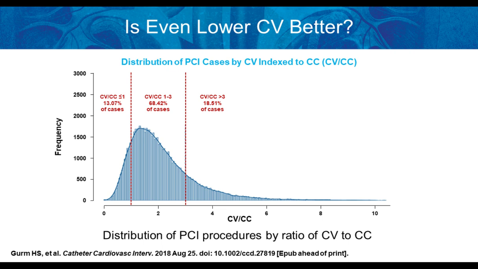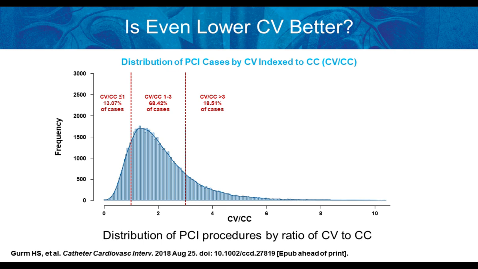So in the last couple of years, what I call ultra low contrast, so that is contrast volume less than creatinine clearance. So if your creatinine clearance is 30, you're going to do a PCI with less than 30 ml of contrast. That actually happened in 13% of the cases.